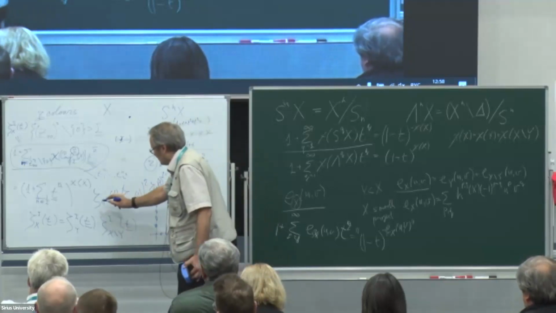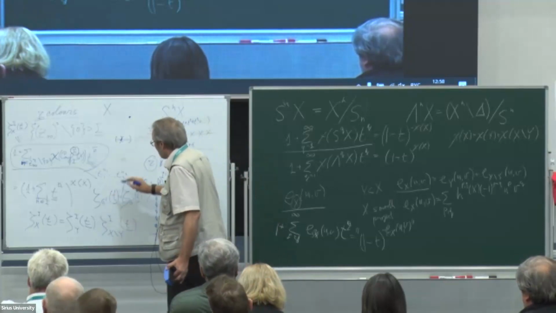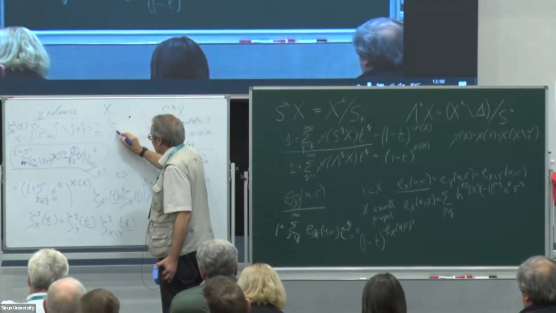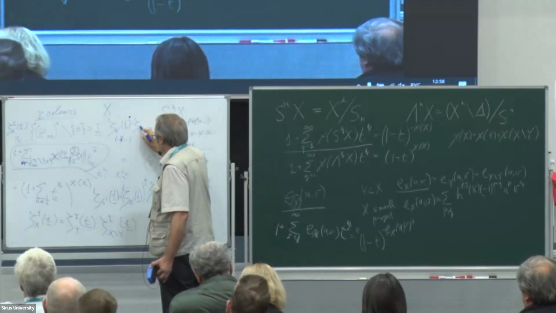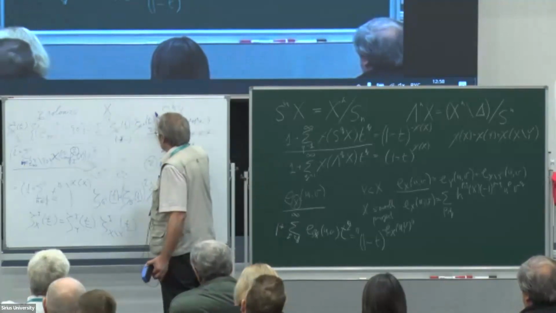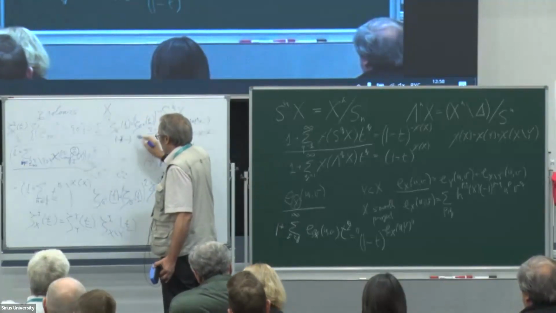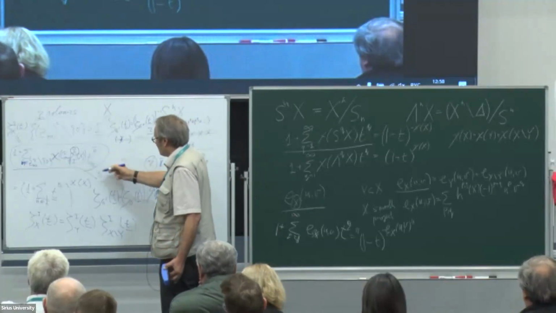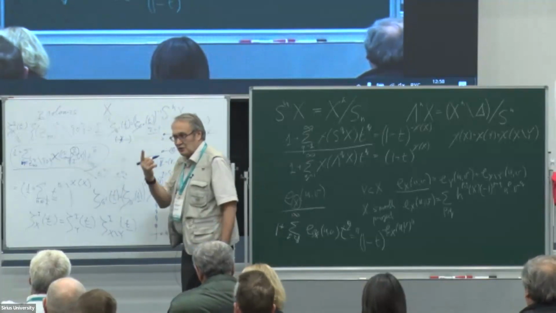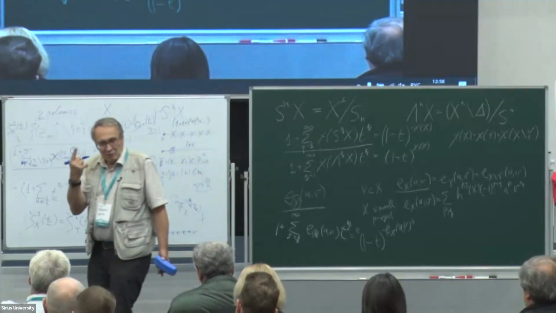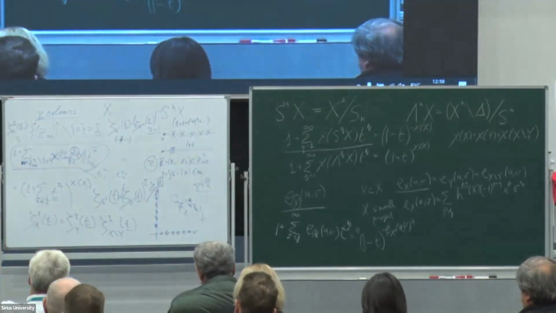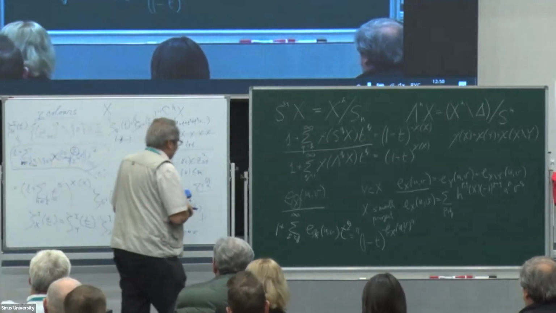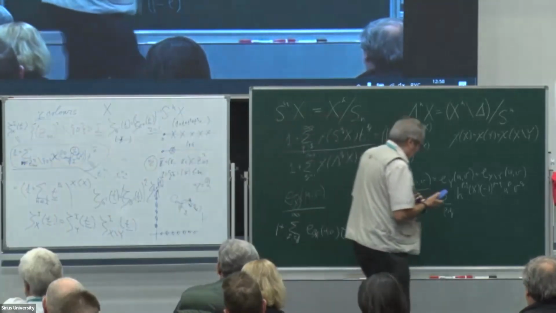And of course, this means that zeta sigma 1 of t is nothing else but zeta sigma 0 of t in the power minus 1. But this, of course, is just the same equation, because the Euler characteristic of a cell of dimension 1 is minus 1. And you can go on like that. So this is a very simple and trivial observation.